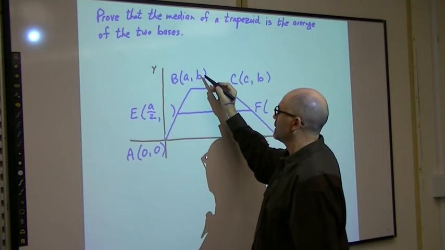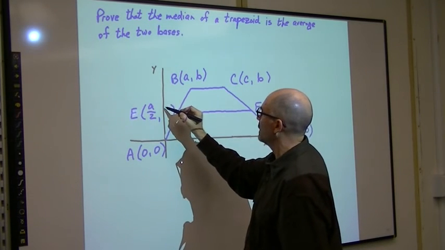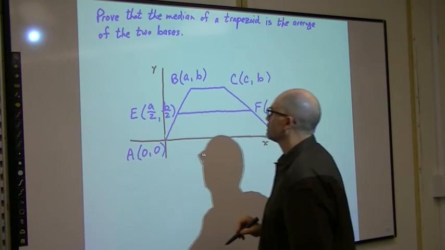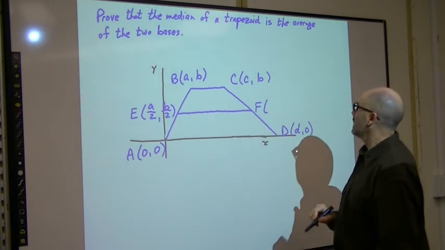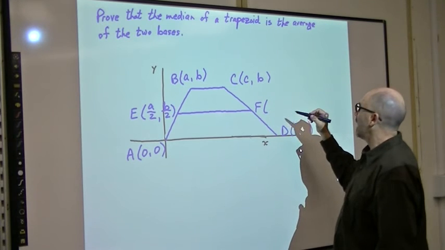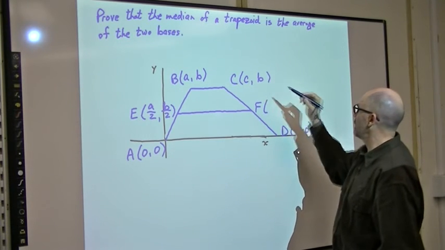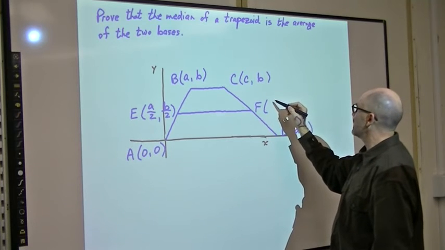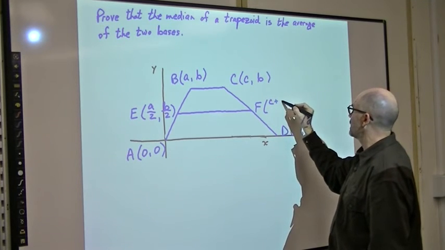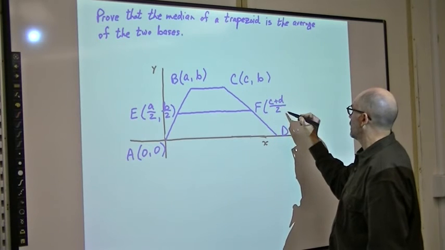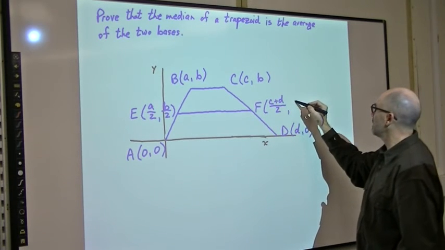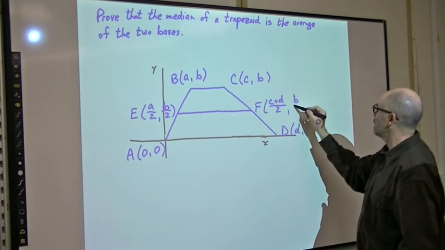And the average between B and 0 is B plus 0 divided by 2. Okay, now, same thing here. I need the midpoint between C and D, so that's got to be the average between C and D. So that's C plus D divided by 2. And then the average between B and 0 is going to be B plus 0 divided by 2.